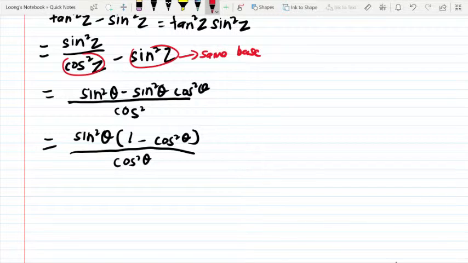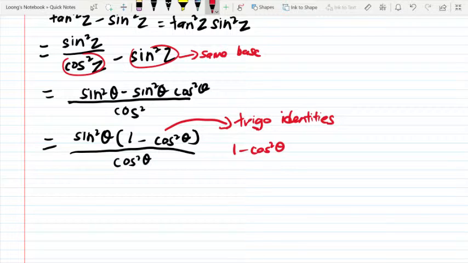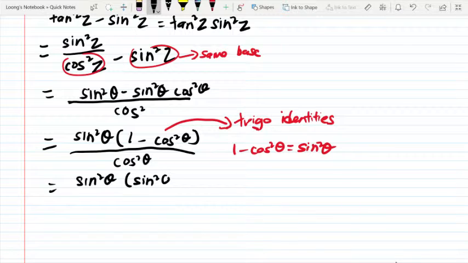And now 1 minus cos square theta is actually also another trigonometry identity, where 1 minus cos square theta is equal to sine square theta. And so deriving from there, we could write sine square theta, sine square theta, and over here cos square theta.